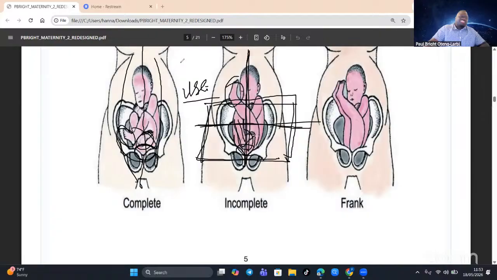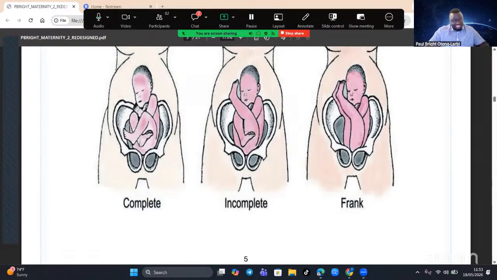So this baby has aligned itself vertically to the midline of the woman. Just that the presenting part changed the whole story. That you will not try to deliver this baby. Otherwise, you cause issues if you are not experienced.